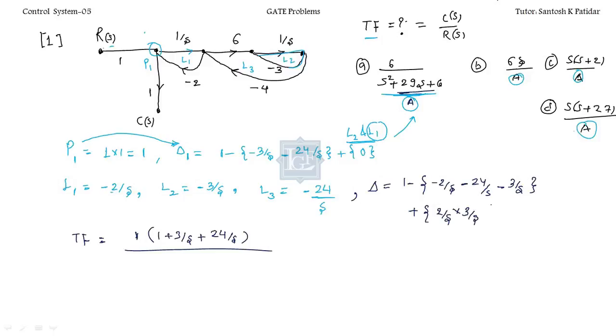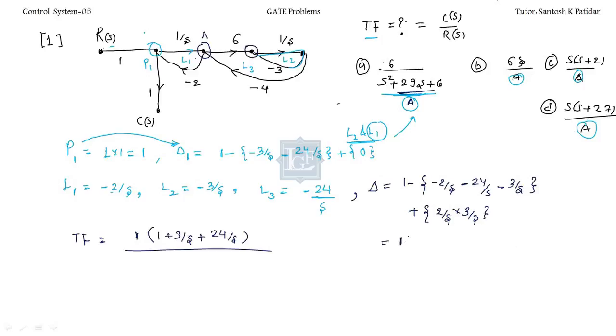Is there any other pair of non-touching loops? No. L3 and L1, no, they are touching at this node. L2 and L3 are also touching. So we have only non-touching L1 and L2. So this part is finished.